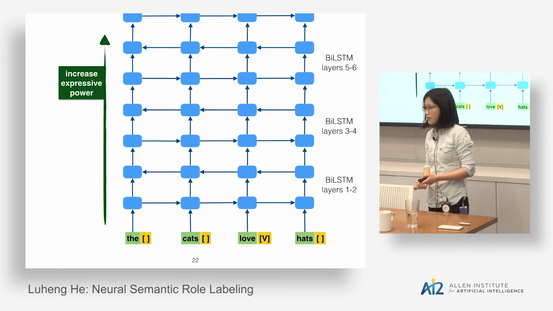Yes, when I was re-implementing the Baidu model, I tried different ways. It didn't seem to make a huge difference, but of course, if we introduce more parameters, that could have an impact on the performance. But we didn't do an apples-to-apples comparison.